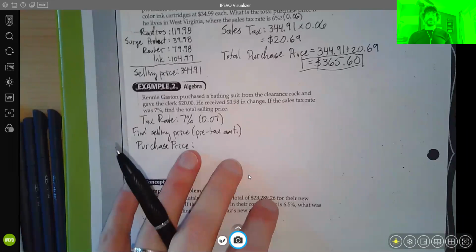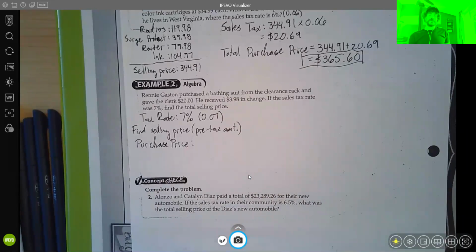So let me ask you this, including tax, see if you can figure this out real quick. Including tax, how much was the swimsuit?